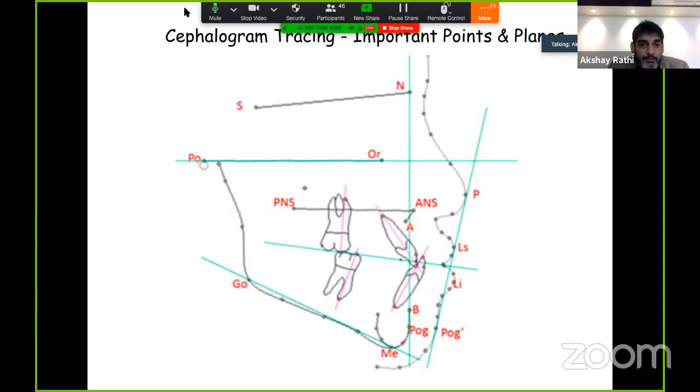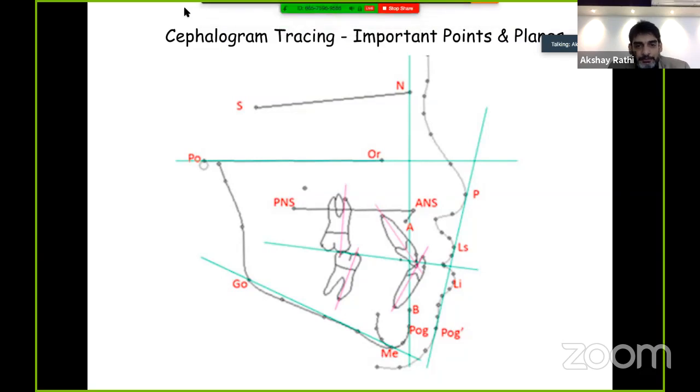And why I'm saying this is because whenever you'll be doing an aligner case, you will be collecting the OPG as well as the cephalogram of your patient. So why do I need this cephalogram? I need this cephalogram and I need to do the tracing, not by you, but it will be done by your aligner provider, whether it is a dental anomaly or a skeletal anomaly.